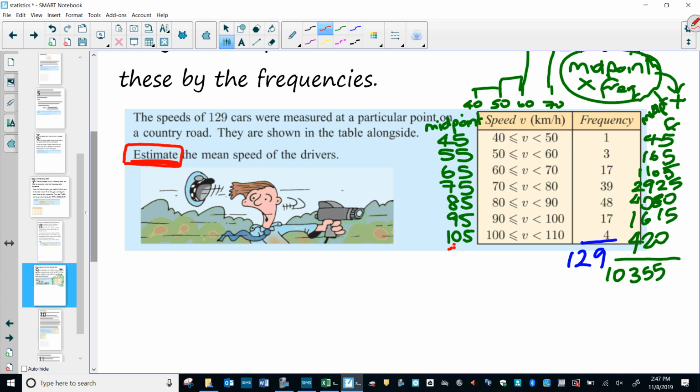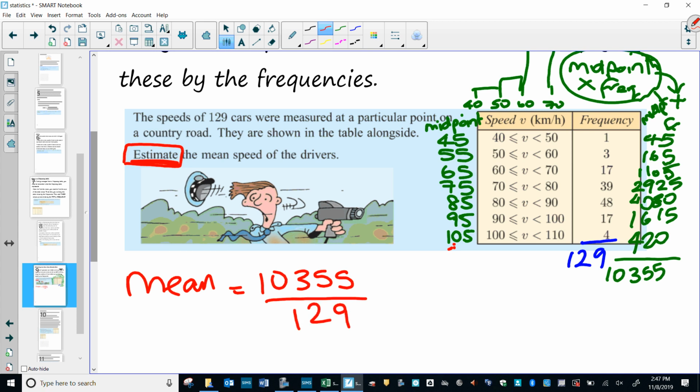Okay? So, to find our mean, we need our total value, so that was 10355, and we then divide that by our total frequency. What number is it? 2.7, so it'll be 2.7. No, it's 2 recurring 7.